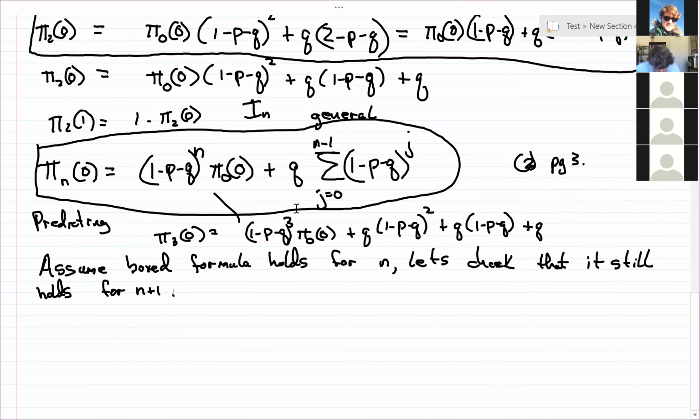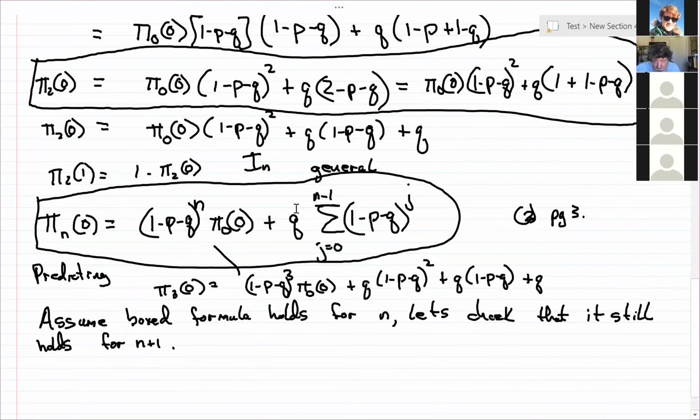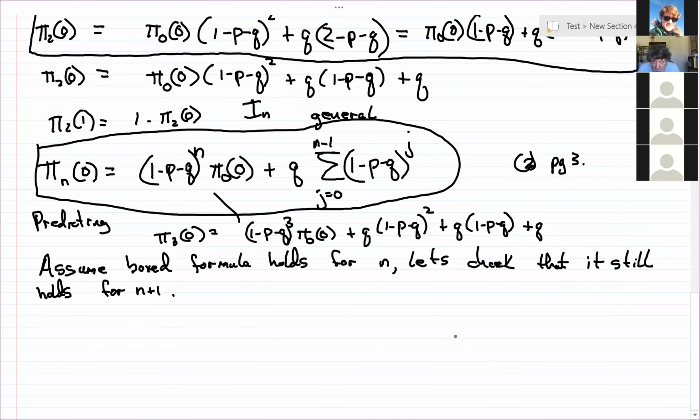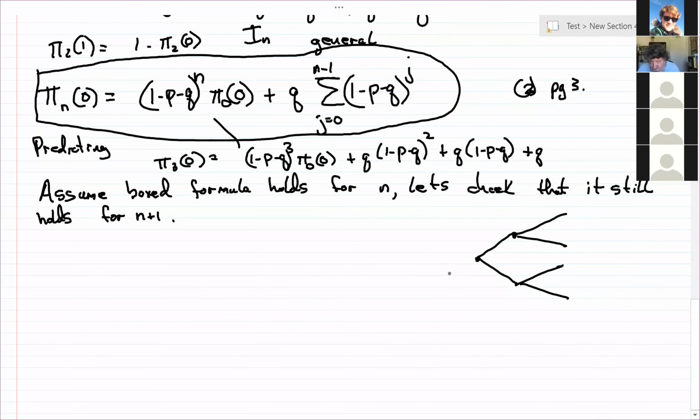So we get to assume this. And it's basically the same picture we've been using. We've got this tree again. Suppose this is really not the full tree, it's the last part of the tree.